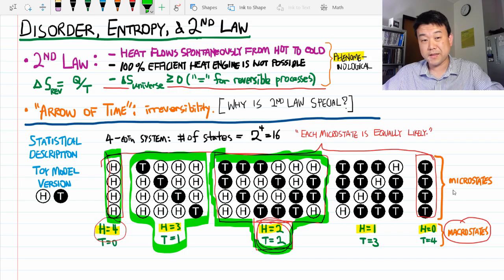It means if you did that experiment 16 times, you have a decent shot of getting it once. So this is the mathematical fact, statistical fact, that's underlying the description of anything, from the toy model that we've been talking about to the real world system of ideal gas.